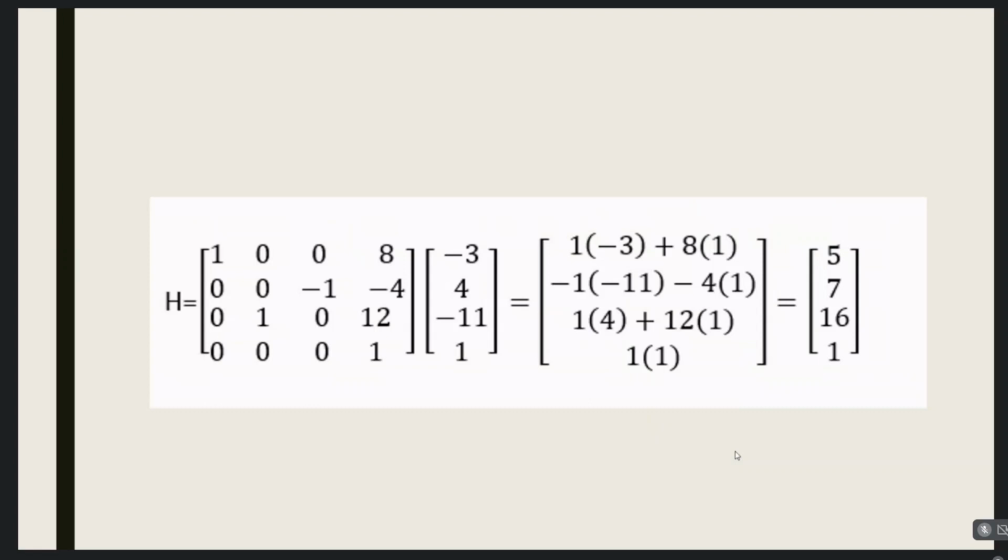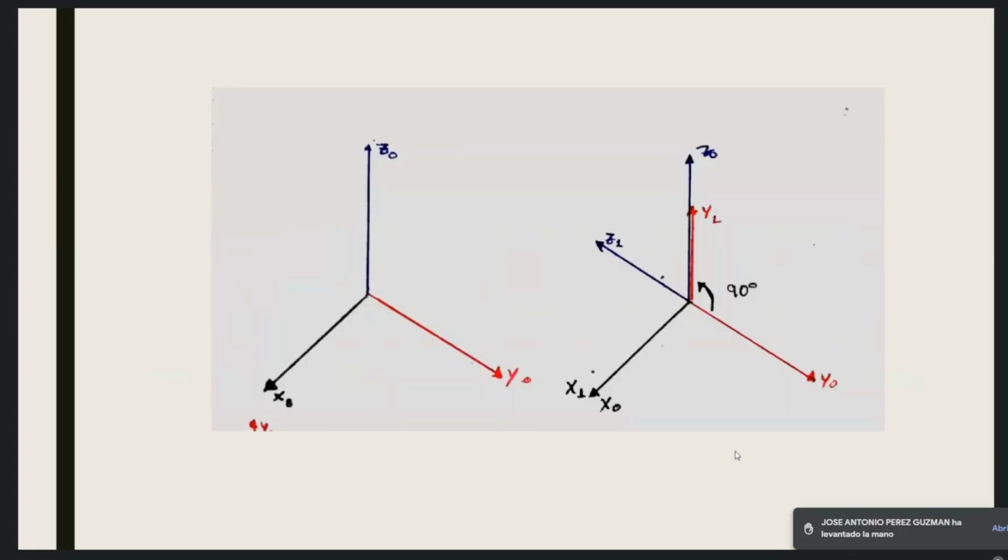The one is only to complete the matrix because this needs to have a 1 for the 4 vector. If we see how the matrix will be, we have it on the graph in the homogeneous transformation matrix.